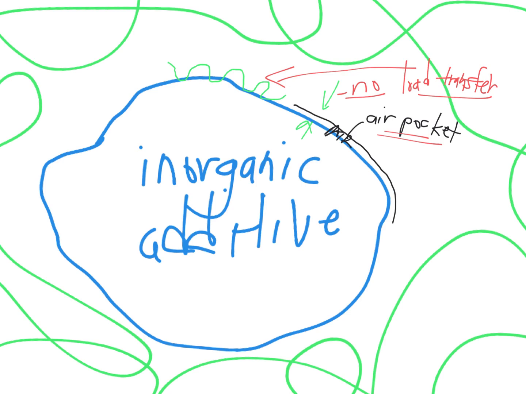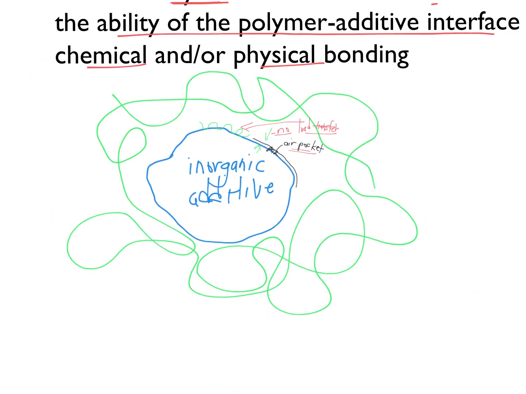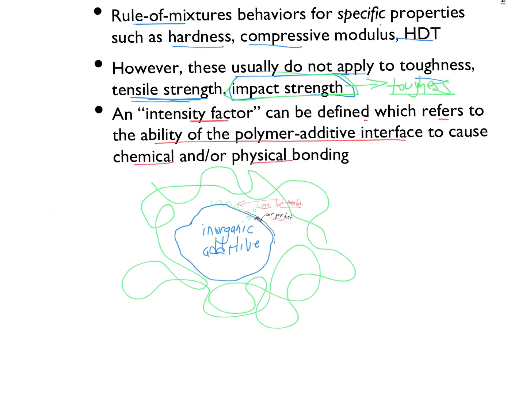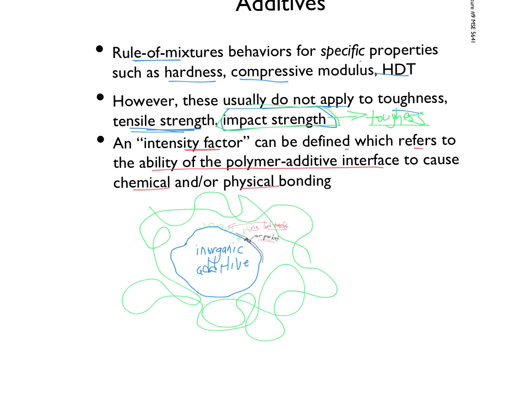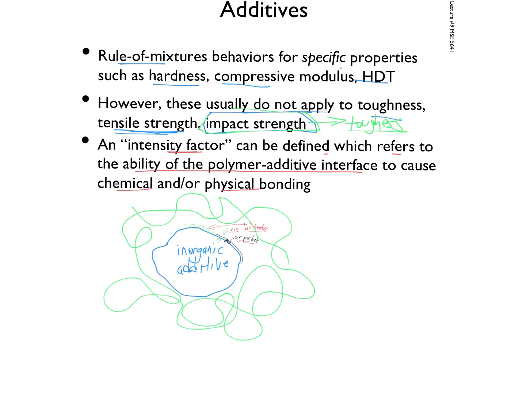And all your properties you're trying to increase, you have instead decreased. So this issue of the chemical interface needs to be very tightly controlled. It's true for inorganic composites as well. Typically it's more of an issue for inorganic composites, but for organic composites it's also important.